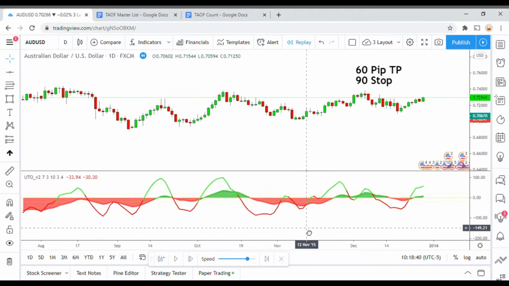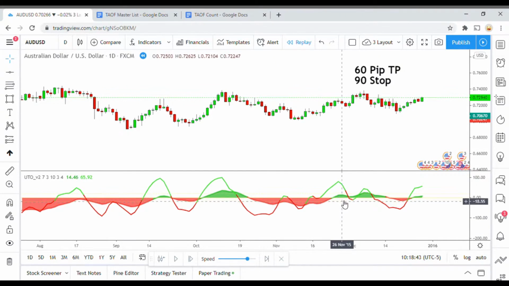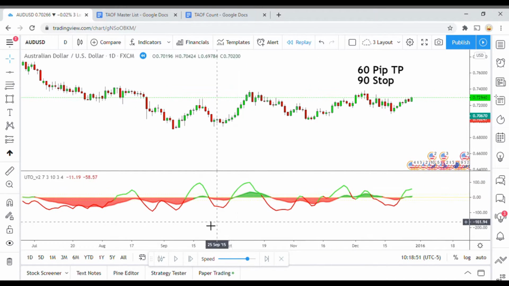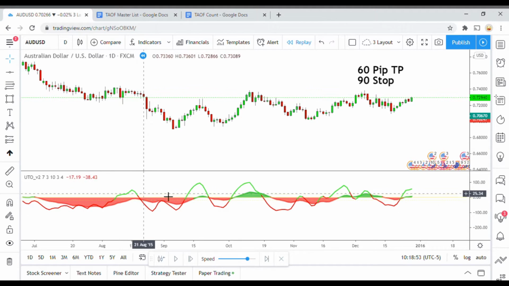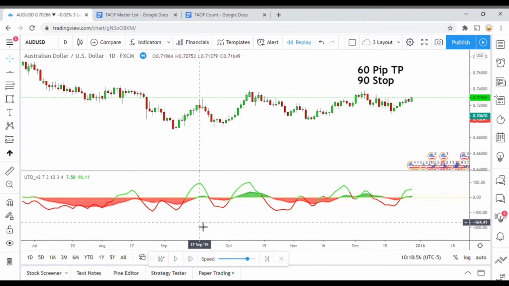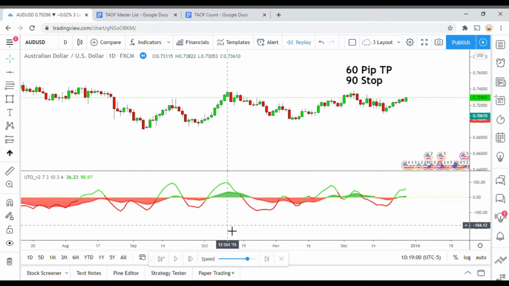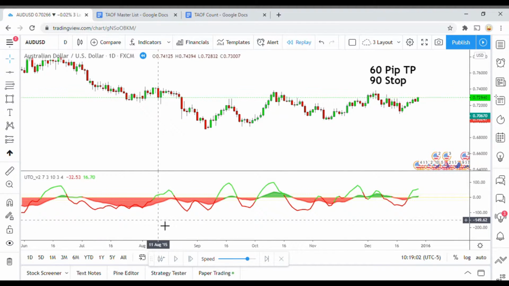This one here does not. This one here does not. And there are just multiple instances where it doesn't line up. So I feel like it's not a very good way of trading it, because the signals are so few and far between. It doesn't seem like they are lining up very well at all.